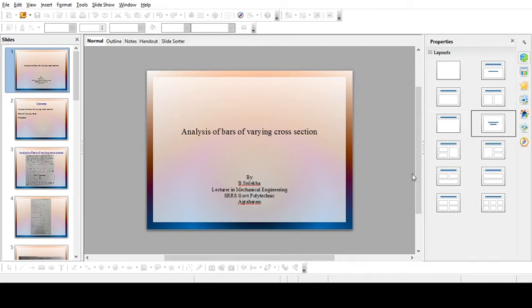Next, given Young's modulus is 1.03 into 10 to the power of 5. Now, maximum stress induced in the body at the smaller section is sigma 1. It is nothing but how much? 50 Newton per mm square.